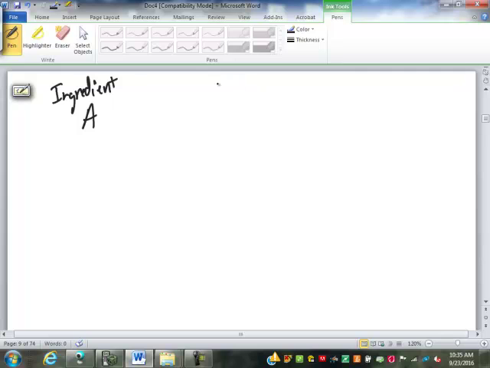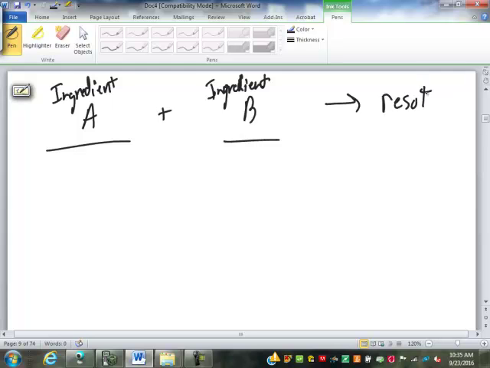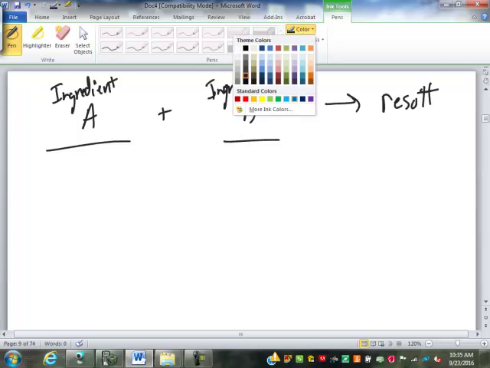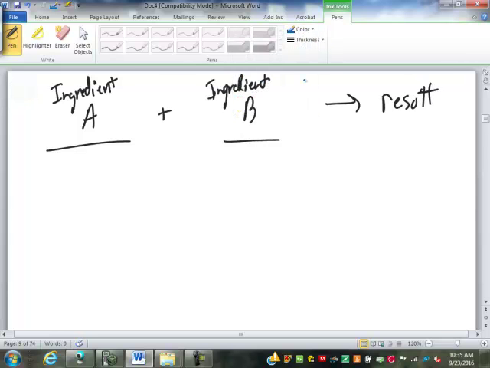We have ingredient A and ingredient B that we are combining to get a desired result. And ingredient A and B and the result, of course, have a concentration, which is a percent, and a volume or a weight, depending on what we're given.